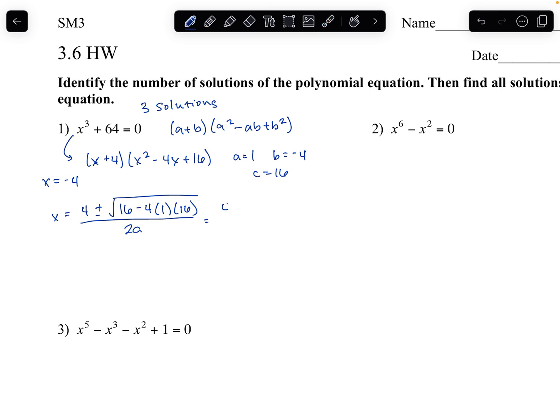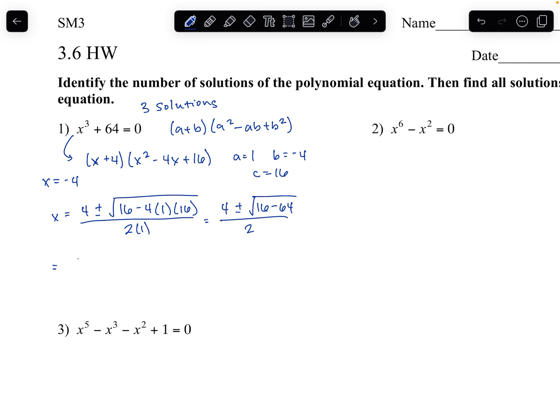So this becomes 4 plus or minus the square root of 16 minus 64 over, I don't know why I put 2a there. That's just going to be 2, that's just 2 times 1. There we go. Okay. And then to finish this right here, 16 minus 64 is -48.